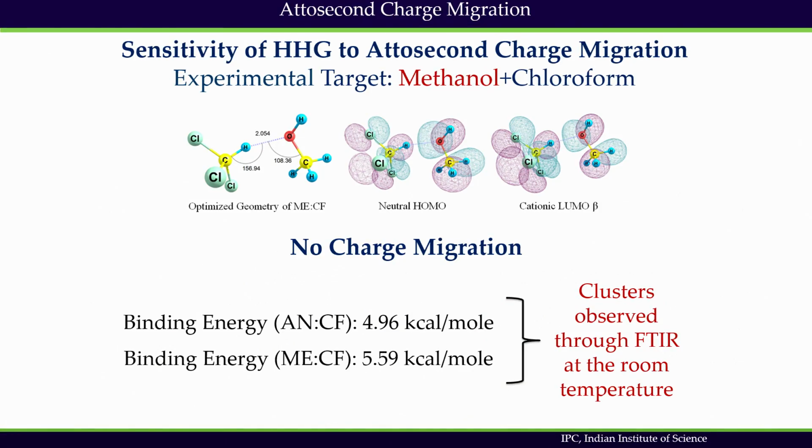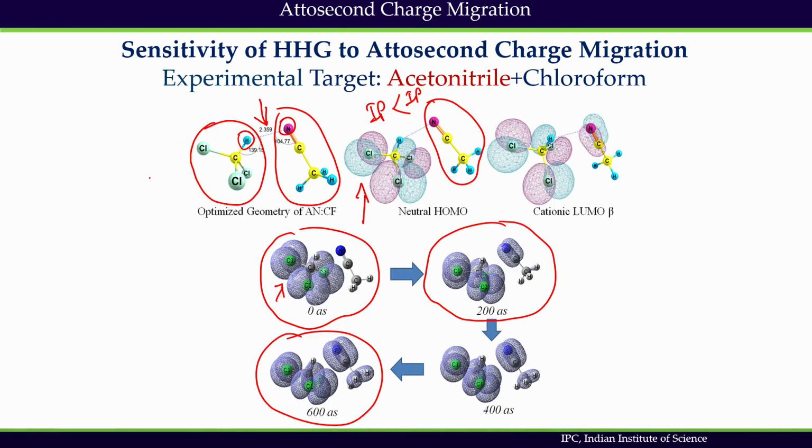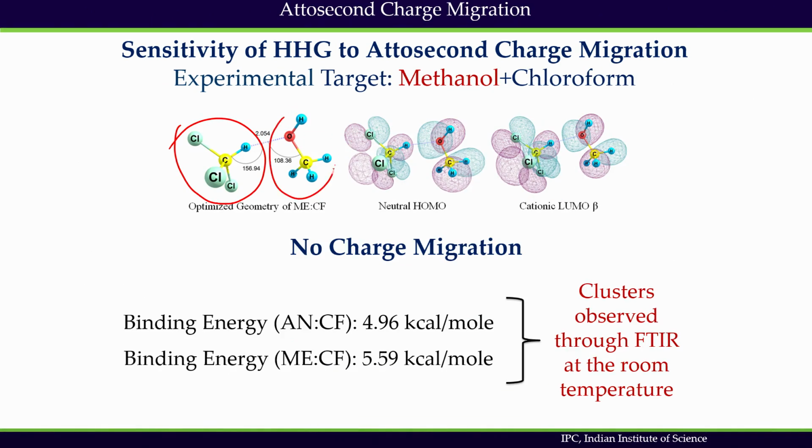Now, the question is how this is going to affect the HHG process. In order to understand that, we have taken binary mixtures of chloroform-acetonitrile and chloroform-methanol. Chloroform is retained. In the previous slide we had acetonitrile, but instead of that molecule we have changed to methanol.